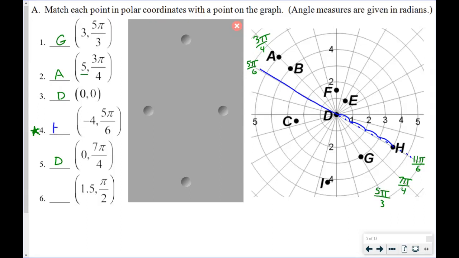So H is actually our answer here. Okay, when we graph negative values of r, we always go 180 degrees around the circle from the angle that we're given in order to plot that point. The reason is we can express polar ordered pairs in many, many different ways. And so this is the way that we work with those negative values so we don't end up duplicating the same Cartesian point with another Cartesian point that's different.